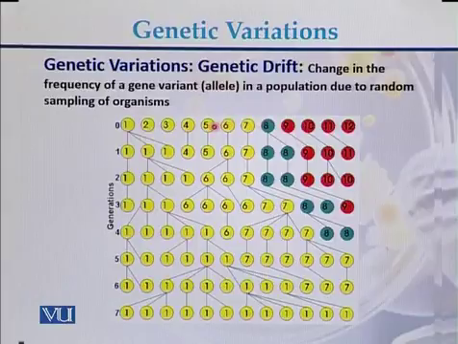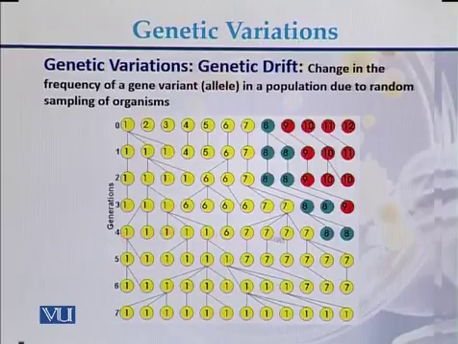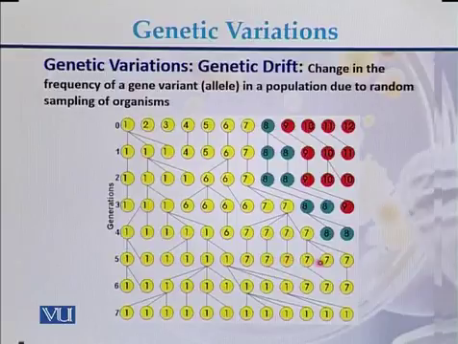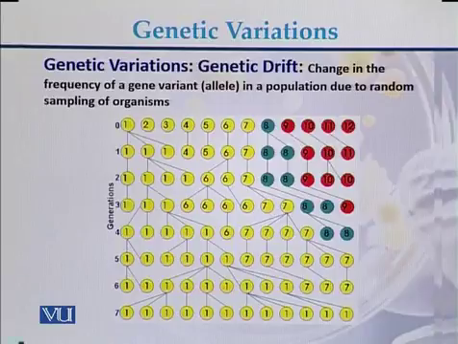So there were 3 different alleles in generation 1, but by generation 4 the allele marked with red disappeared. By generation 5, the allele marked with gray also disappeared. So one of the reasons for genetic variations is genetic drift.